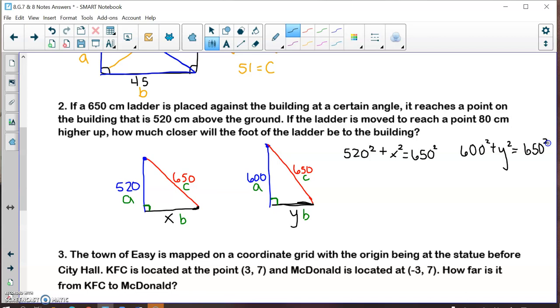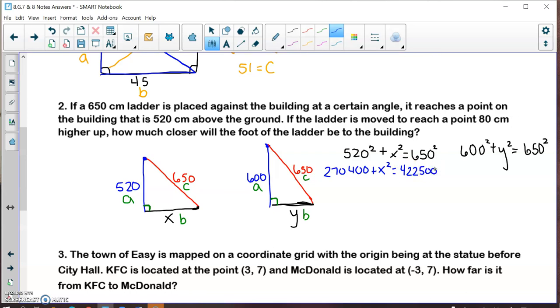So 520 squared is going to be 270,400. And then this is plus x squared is equal to, and 650 squared is going to be 422,500.